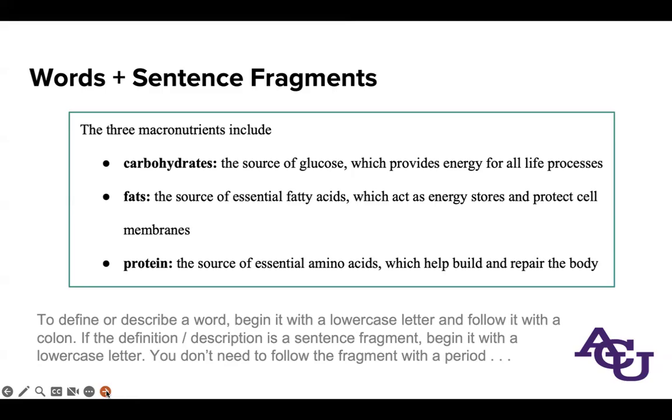If the definition or description is a sentence fragment, then we begin that definition or description with a lowercase letter. So for instance, I have carbohydrates starting with a lowercase c, and then I have the source of glucose headed with a lowercase t. I don't have to follow the fragment with a period according to APA guidelines.